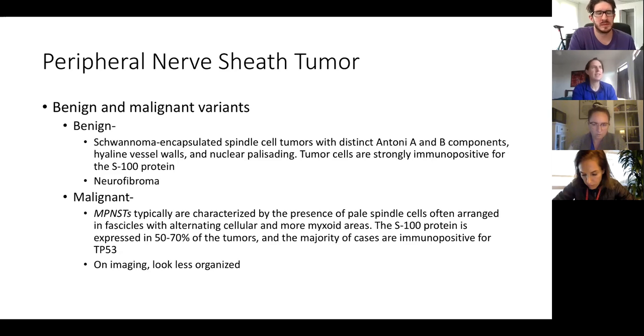Those seem to start slowly, and then you're following one for a while, and then it declares itself as an MPNST. But in someone without multiple neurofibromas, just an isolated schwannoma, it does not have the risk to become malignant later on.